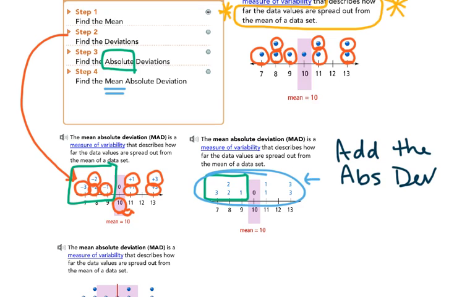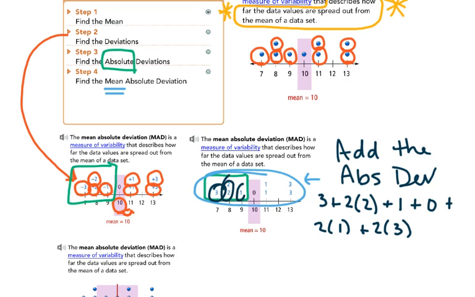So I'm going to add 3 2s, a 1, a 0, 2 1s, and 2 3s. So we're going to add up all of those numbers there. When you add up all of those numbers, you should get 16.